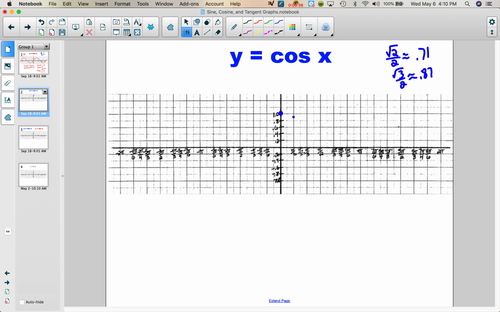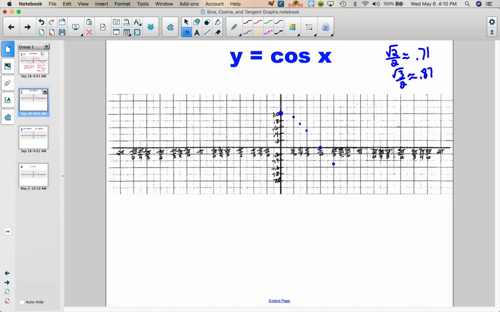Pi over 4, cosine of pi over 4 is root 2 over 2, so that is going to be 0.71. And pi over 3 is a half. Cosine of pi over 2, so that would be up at the top of the unit circle, and the x-coordinate would be 0. And then for 2 pi over 3, we are back to the half, except it's negative.